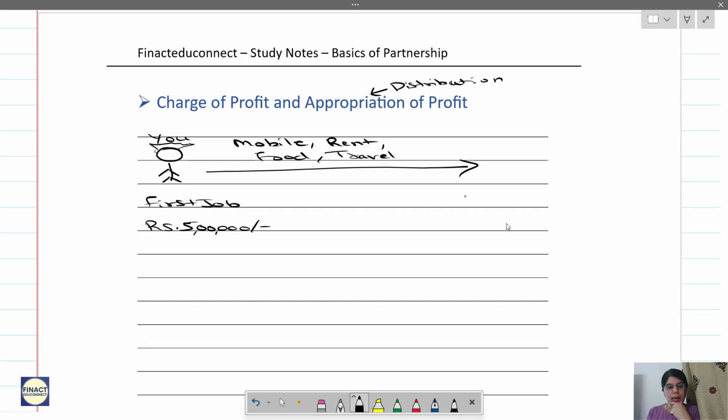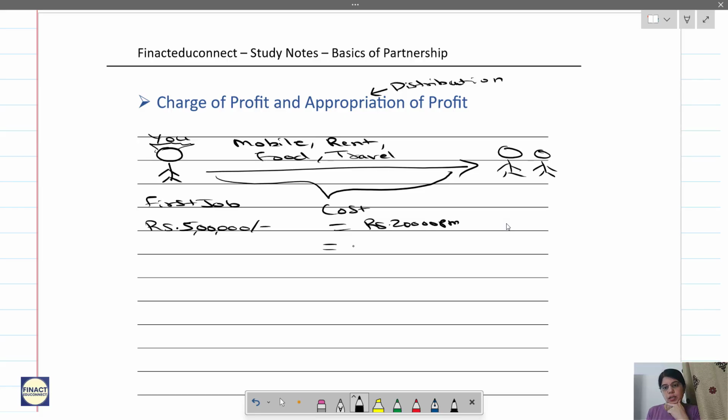And since this is your first job, you are planning that at the end of 1 year you will be gifting something to your parents. Now let us assume the cost of all this is rupees 20,000 per month.